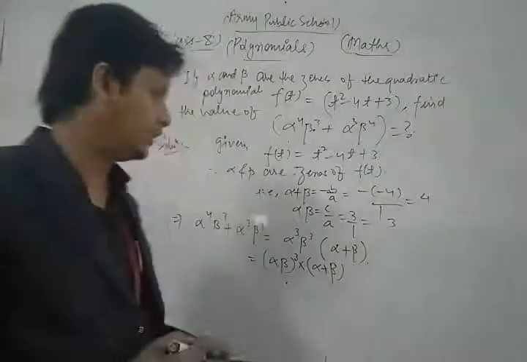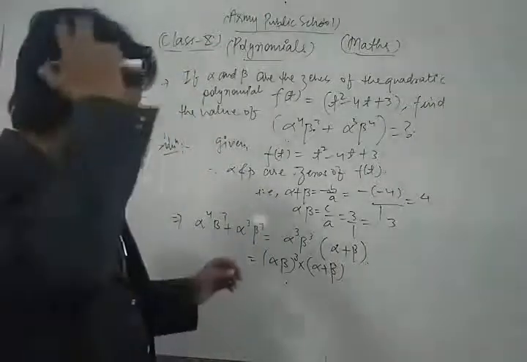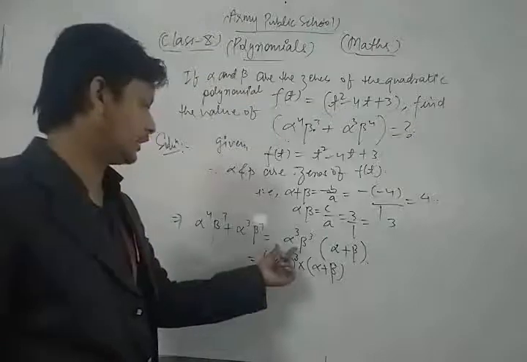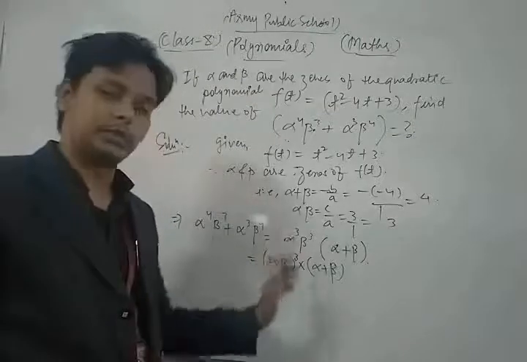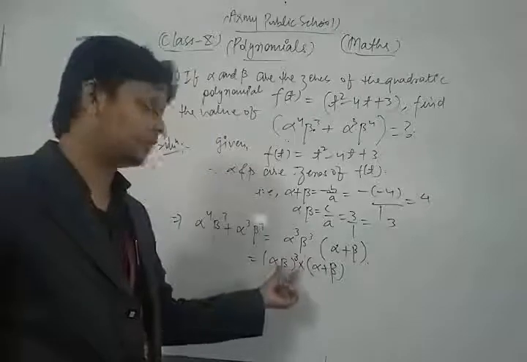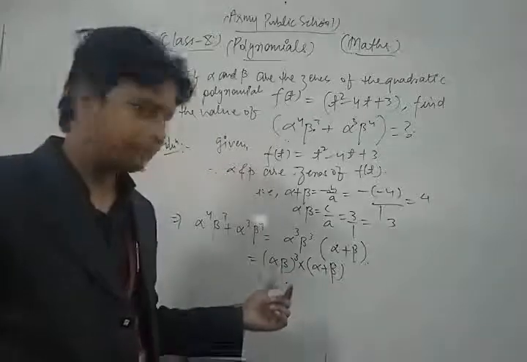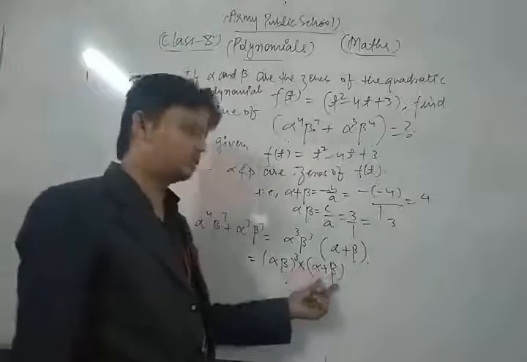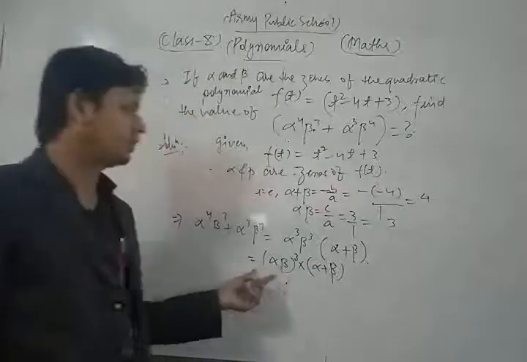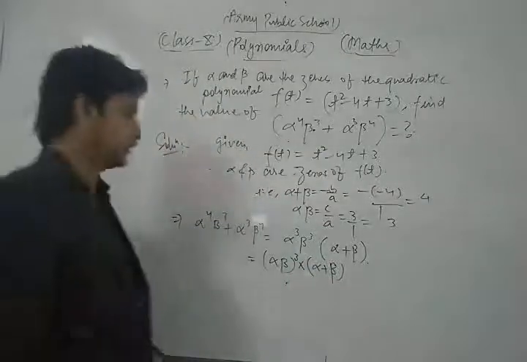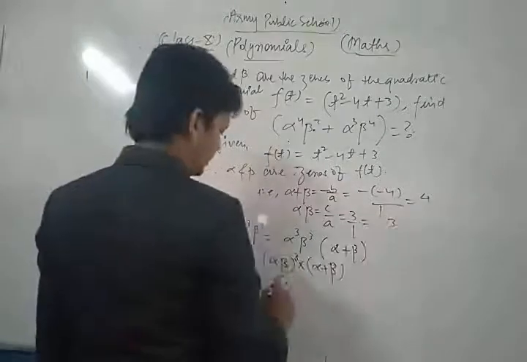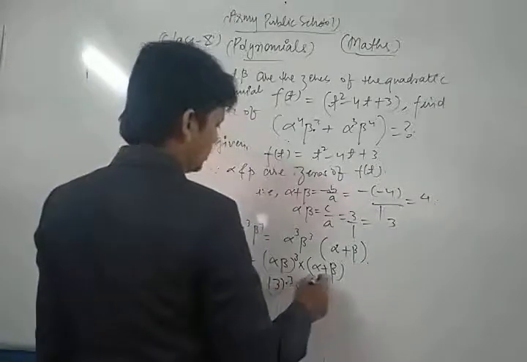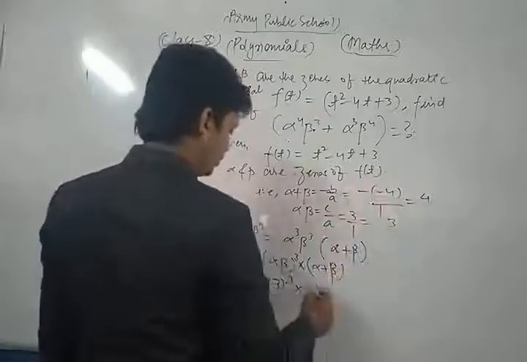Let's see, dear friends. From there we take alpha cube beta cube as common. If we take it common, then we get alpha plus beta. Now alpha cube beta cube we write as alpha beta whole cube, and into alpha plus beta written as it is. Now we put the values of alpha into beta and alpha plus beta. The value of alpha into beta is 3, so here we write 3 cube. The value of alpha plus beta is 4, so here we write 4.